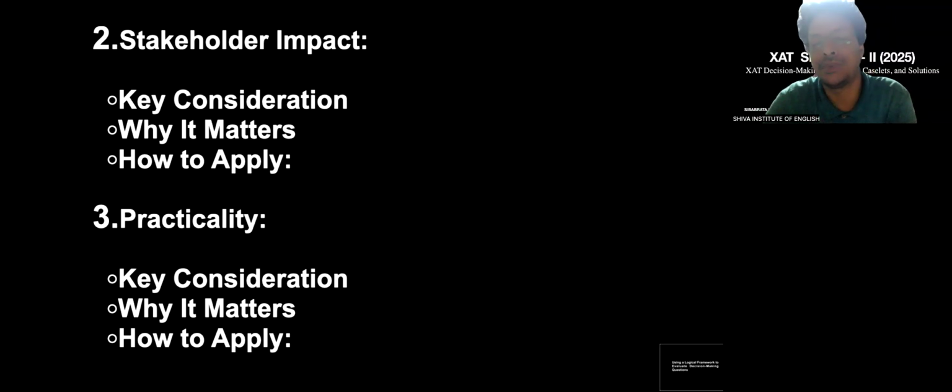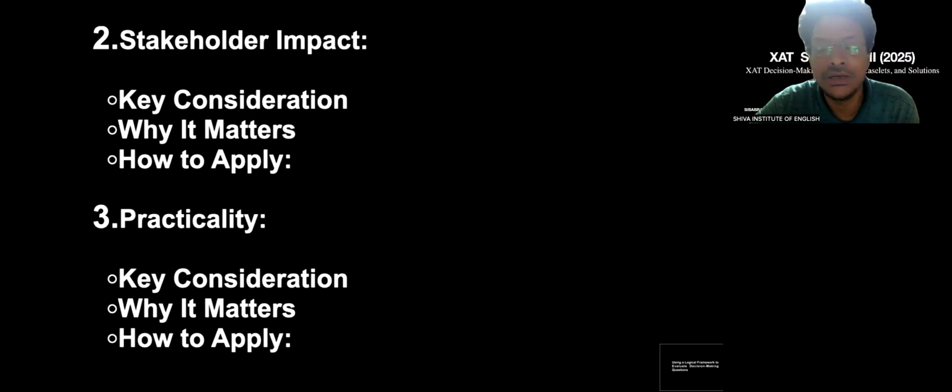Let's take an example in a business scenario that involves product recalls, then the solution must protect consumer safety while minimizing financial loss to the company, isn't it?